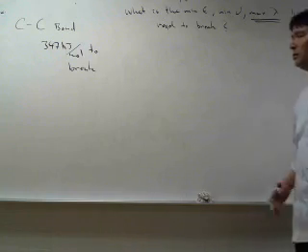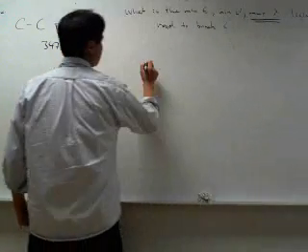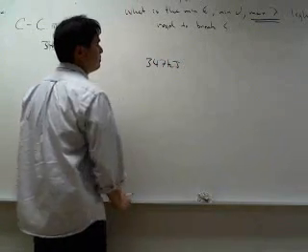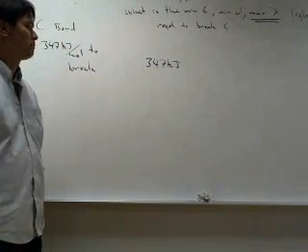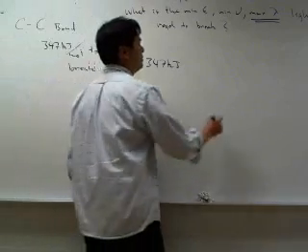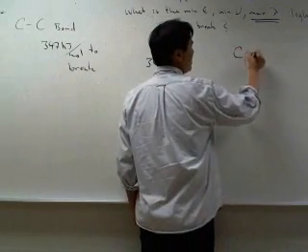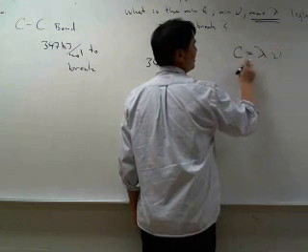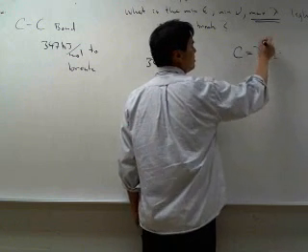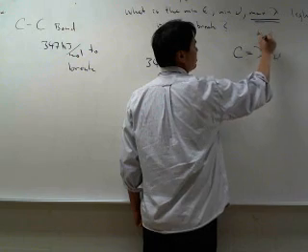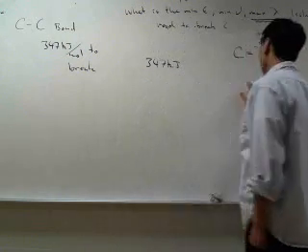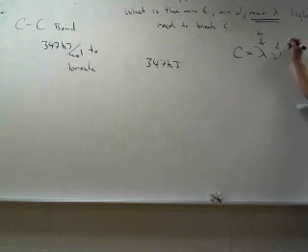And so let me do this here. So it's 347 kilojoules. And then I need some equations. The relationship between frequency and lambda is c is equal to lambda times nu. Lambda is the wavelength in meters. Nu is the frequency. And the frequency is how many cycles pass by in a second.